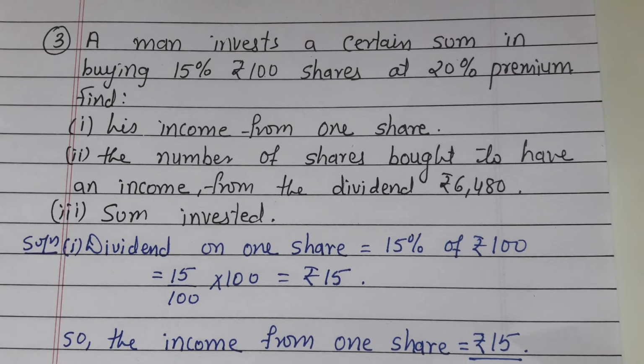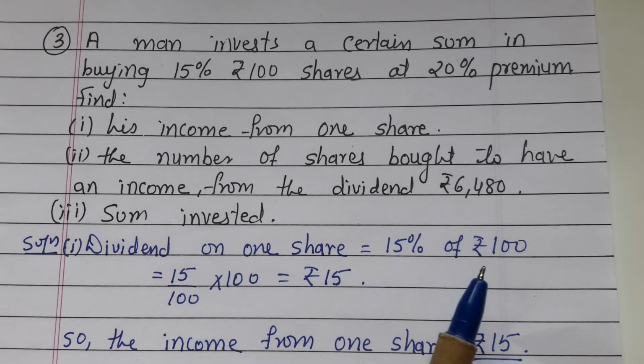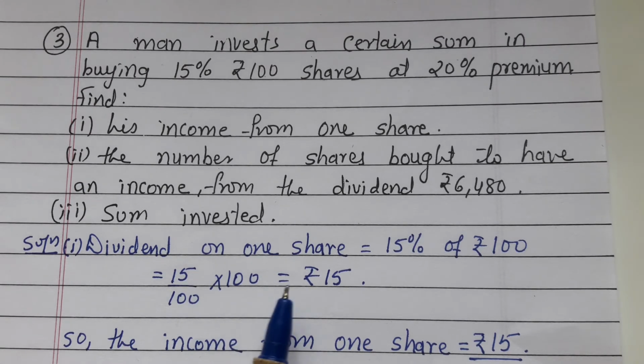Second, number of shares bought to have an income from the dividend of rupees 6,480. Third, the investment. Dividend on one share, that is 15% of 100. That is equal to 15 upon 100 into 100, rupees 15.